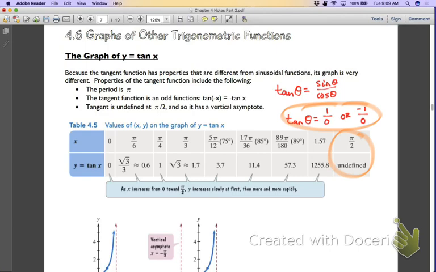The reason why it repeats is that if I have two values in my first quadrant, what's going to happen in the first quadrant and the third quadrant?